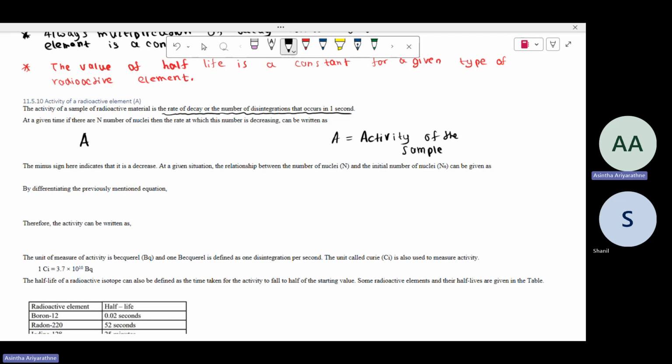So activity of the sample A is equal to delta n over delta t.